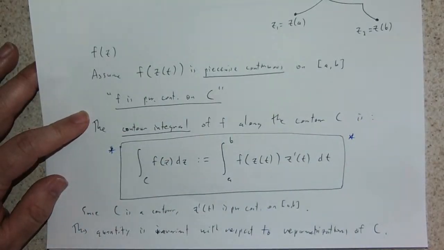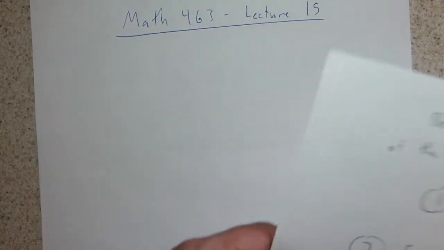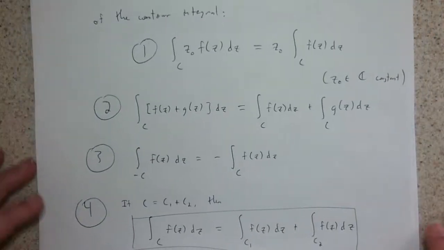Now, of course, as we go along and you have computed a few of these things, you may want to know some more general properties in order to make further computations simpler. These are some properties that I stated.